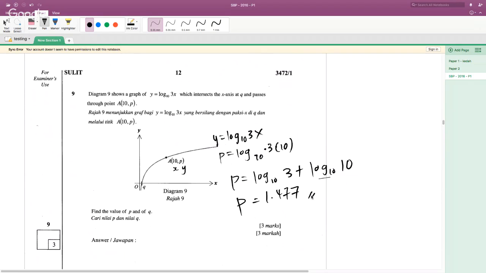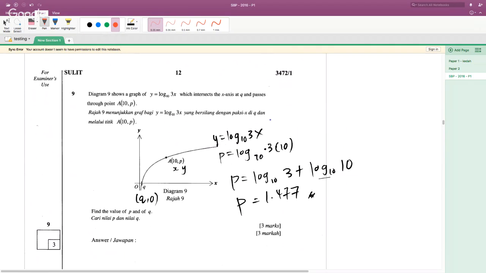Then I want to find Q. Q is on the x-axis. X-axis means y equals 0, so this coordinate is Q, 0. That means when x equals Q, y equals 0.